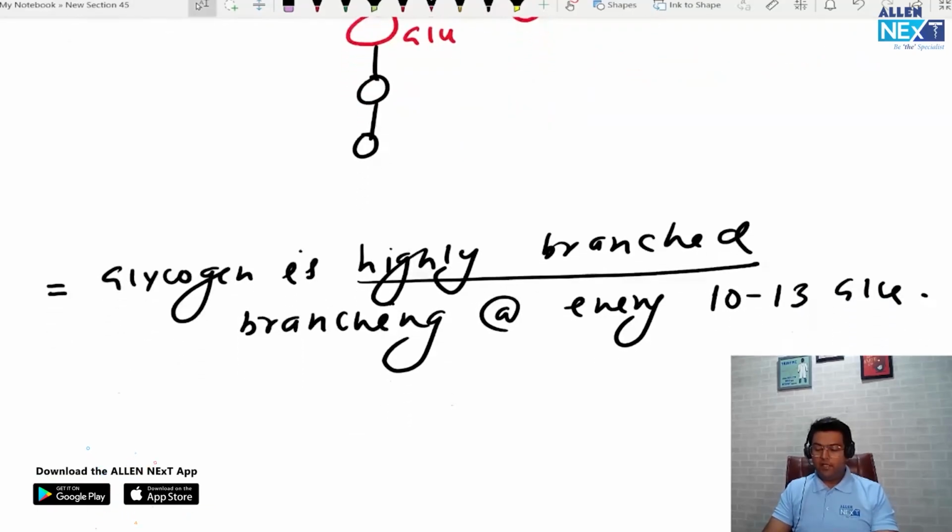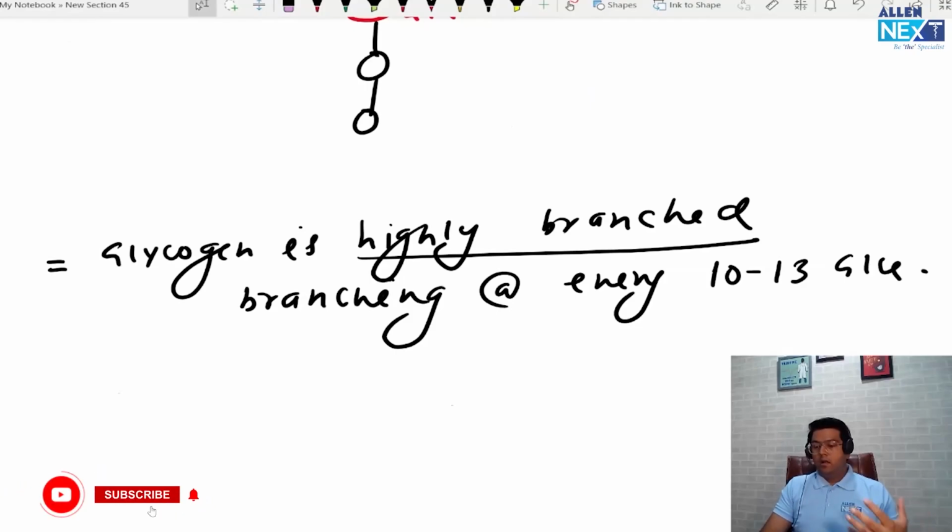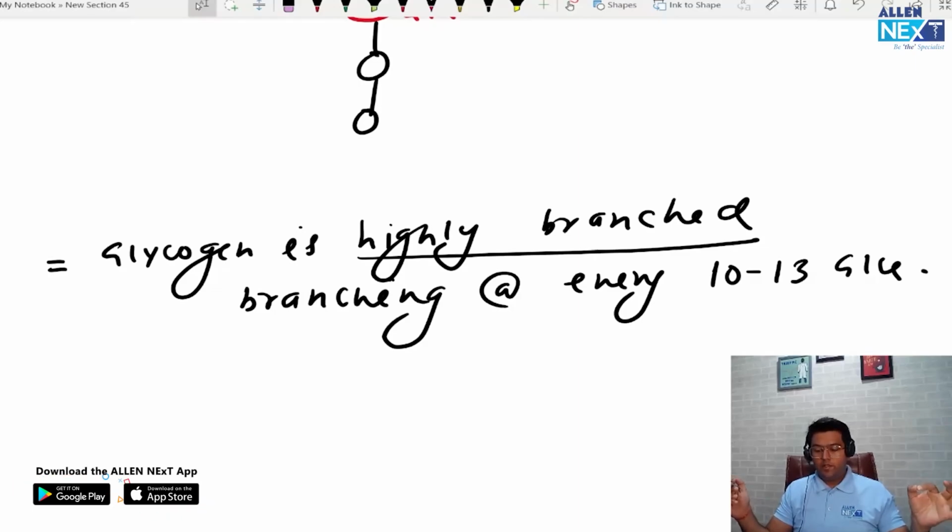So guys, after every 10 to 13 glucose. Now if I have to say about starch, there are two types of starch. One is called amylose. Amylose is a linear thread, but amylopectin has branching.